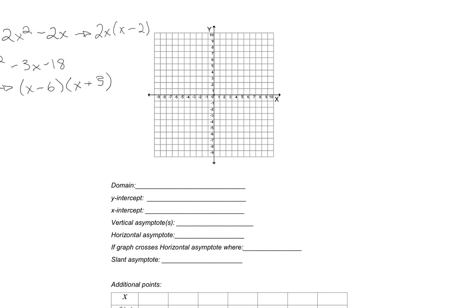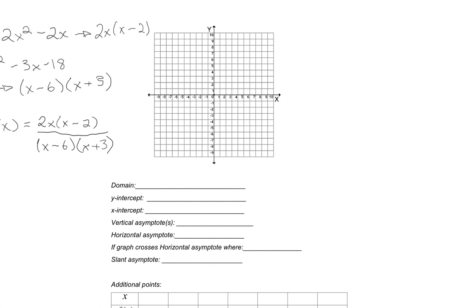Okay, so let me write out our function after we factored it. We have f of x equals 2x times x minus 2 divided by x minus 6 times x plus 3.